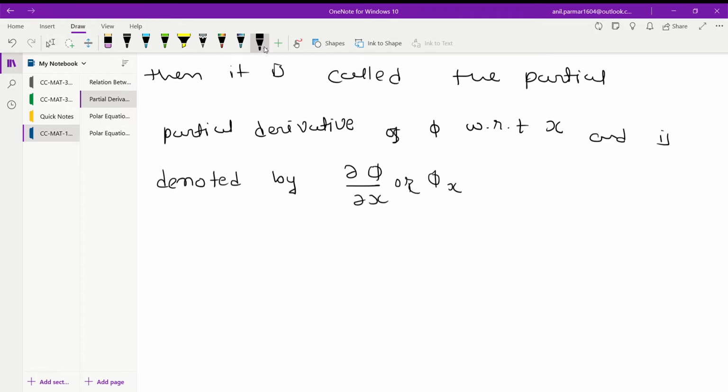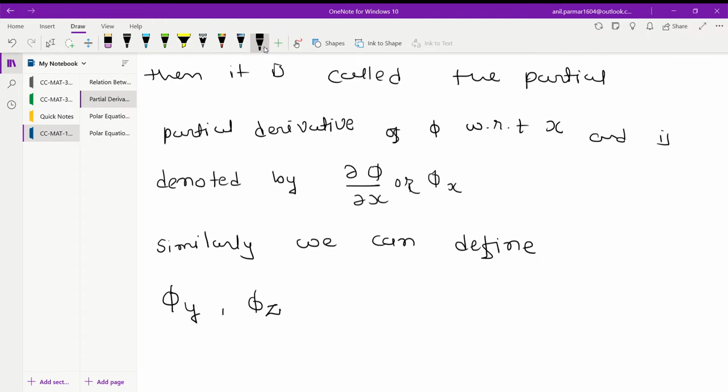Similarly, we can define phi y and phi z in a similar manner.